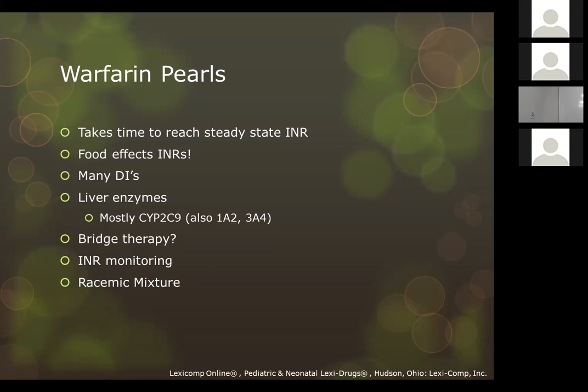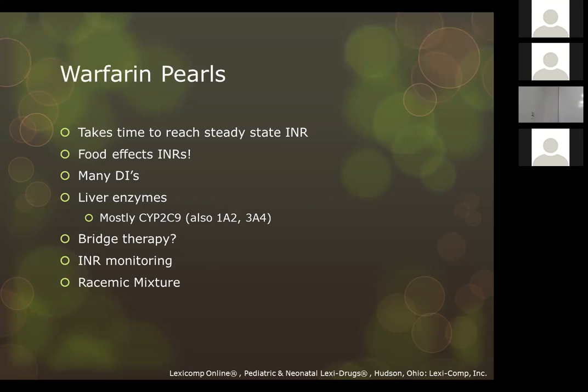Some other drug interactions actually decrease the INR, things like rifampin, St. John's wort, and sucralfate. Liver enzymes are important to realize with warfarin because it does go through liver metabolism. It is metabolized by CYP2C9, or at least the S form of the racemic mixture is metabolized by 2C9.